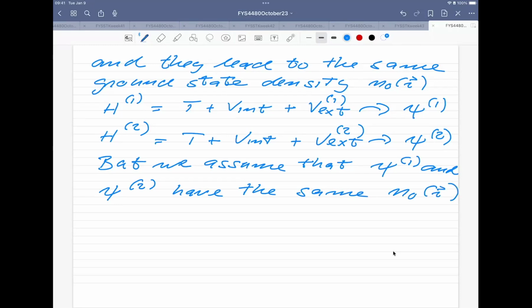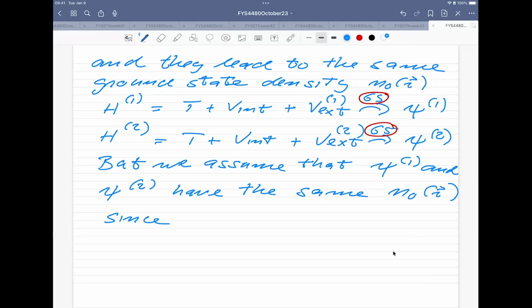So this psi 1 and psi 2 are the ground states of the system. I'm just going to put a GS here. GS stands for the ground state. When I use the shorthand GS, that is always the ground state of the system. So they have two different ground states.